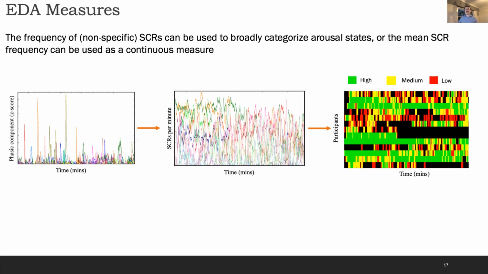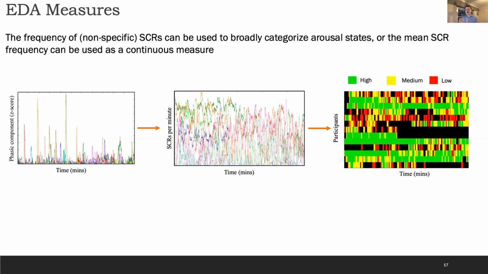And we can use that to categorize, very broadly, people's states as high, medium, or low arousal. On the left here is that same image of the spiking activity. And then we transfer that into skin conductance responses per minute. So this is literally the speed or the frequency of their skin conductance responses.